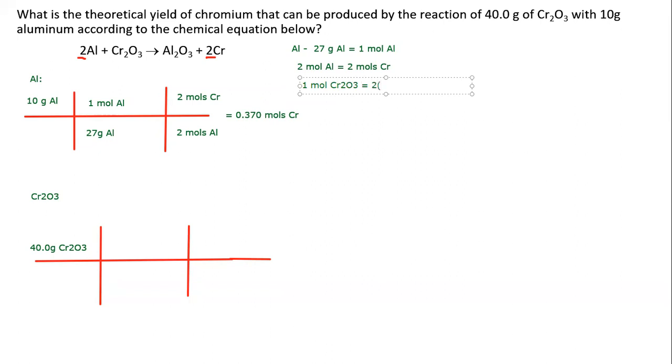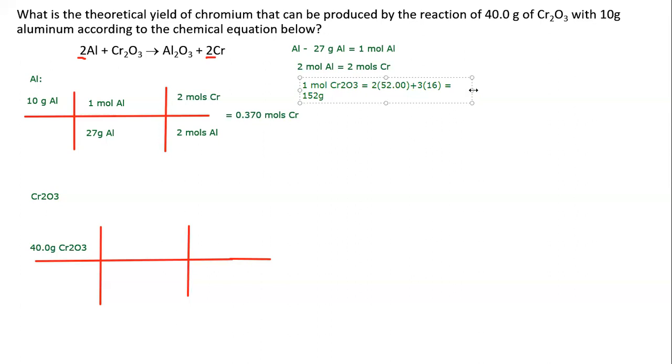Gotta look at the periodic table. So again, the 52 and the 16 I've obtained from the periodic table. And the molar mass is 152 grams.